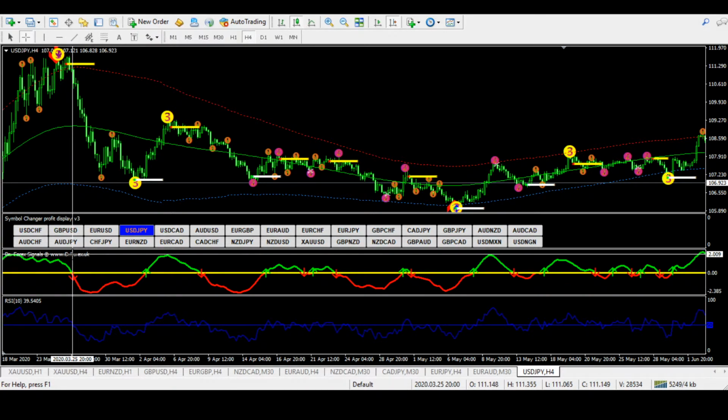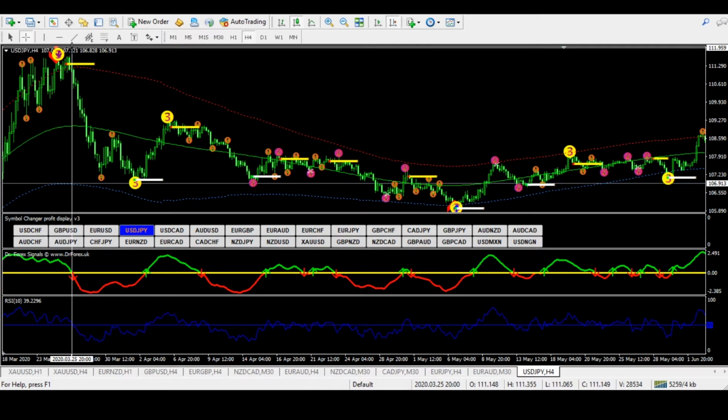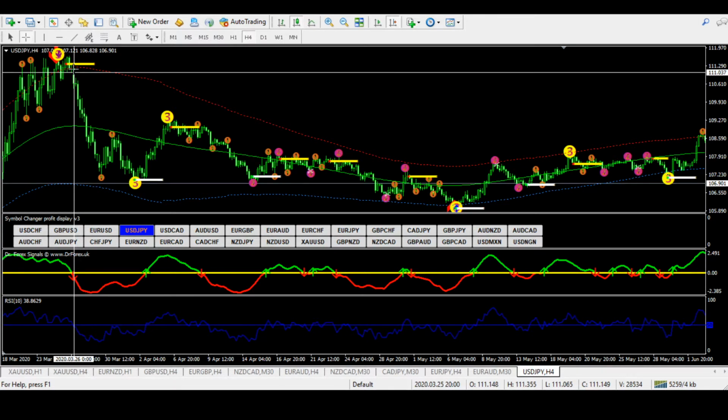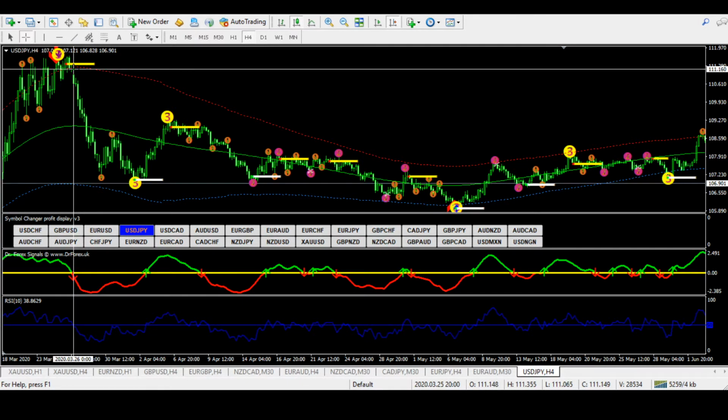My stop loss will be right above the previous high, since it's a sell, which will be about 111.95. My signal is on this, so my entry is on the next candle, which would have been 111.16. Then my take profit, conservative me that I am, I will just go for the middle.